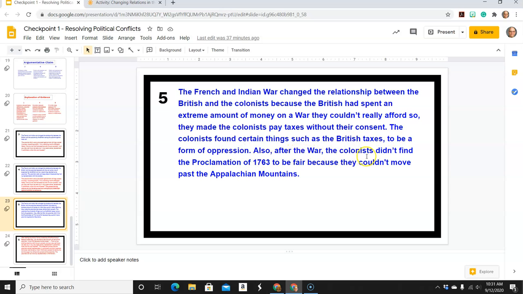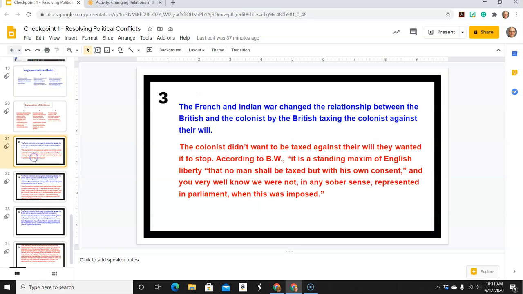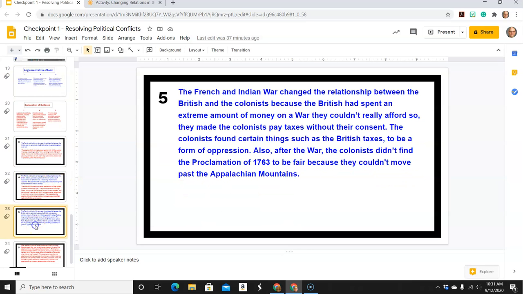Also, after the war, the colonists didn't find the Proclamation of 1763 to be fair because they couldn't move past the Appalachian Mountains. Guys, that's a 5 because it introduces claims and subclaims. They're clearly introduced and they explain the relationship. Okay, so we got a 3, a 4, and a 5 for argument of claim.